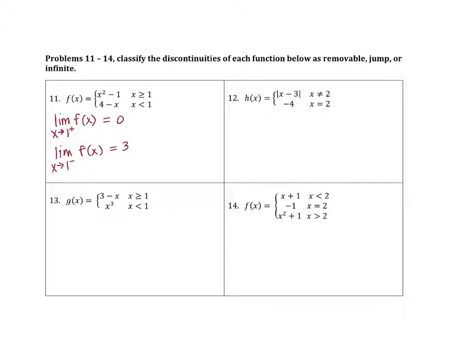So notice that from both sides, these are not equaling each other. One's at 0, the other side's at 3. This is going to be what we call a jump discontinuity. And again, we see that because as x is getting closer and closer to 1 from the right, we're at 0. And as x gets closer and closer to 1 from the left, we're at 3. So there's a big break there on our graph.